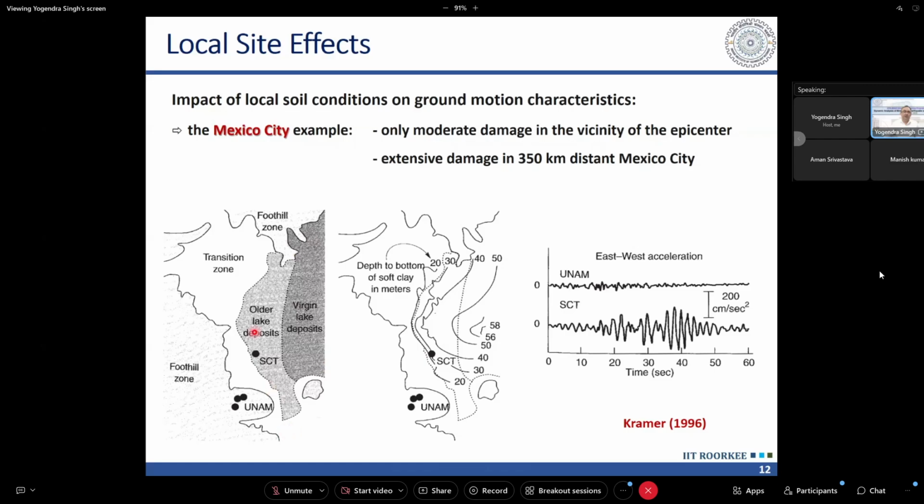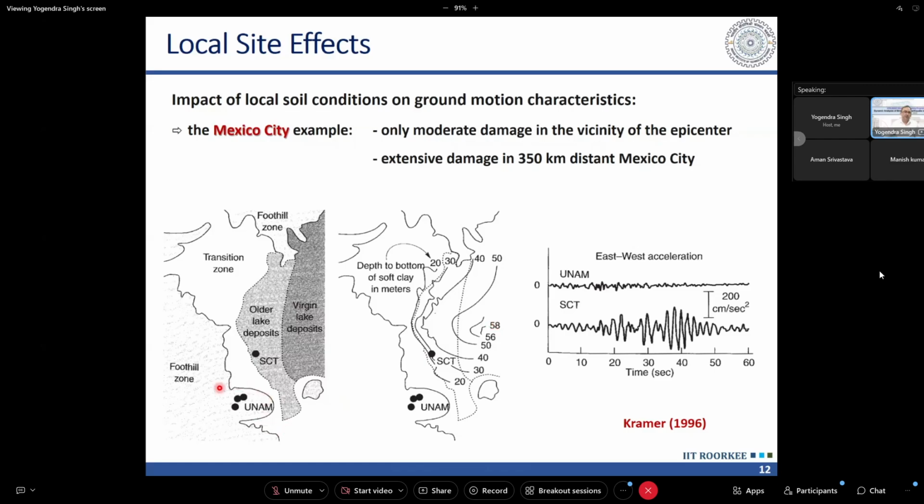The depth of the deposits at the bottom of the lake increases towards the lake, as is obvious. So near the city we have the foothills, and then the depth of the bedrock goes on increasing.